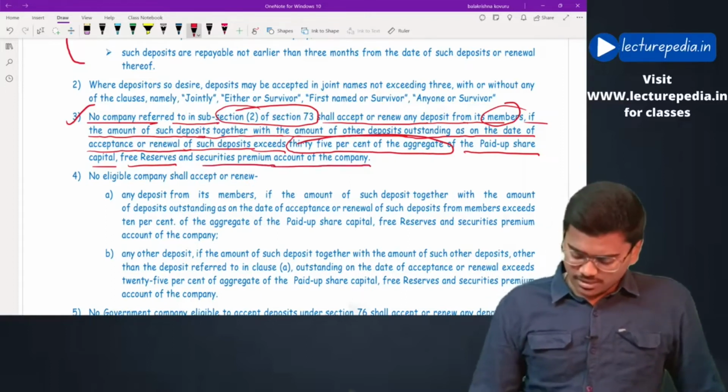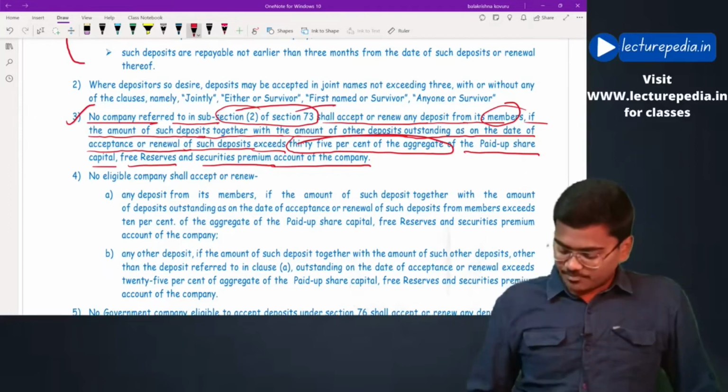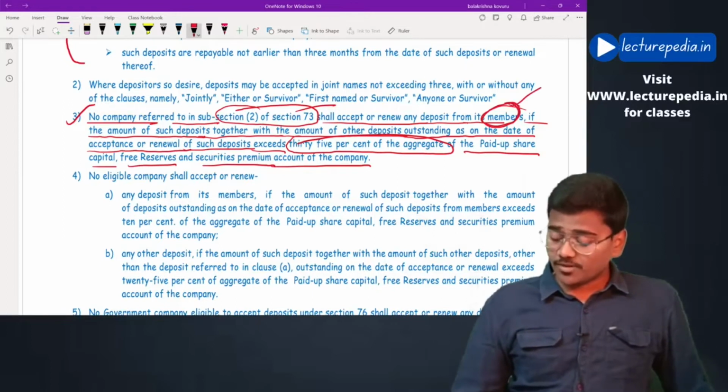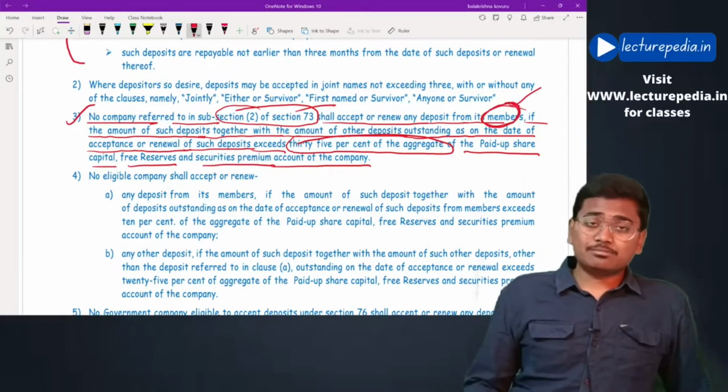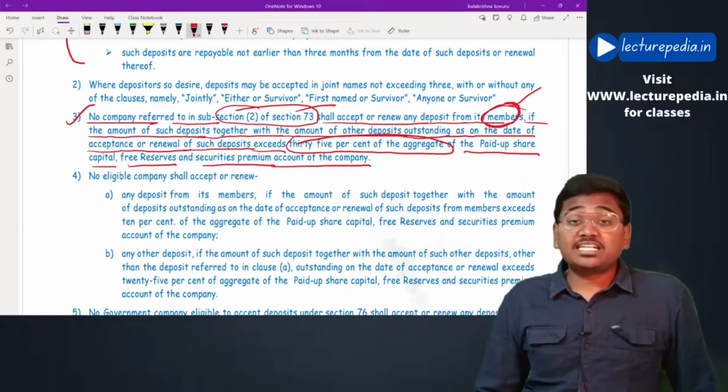Okay, first of all, section 73 subsection 2 means non-eligible companies, which are eligible to accept deposits only from members. These companies can accept deposits of maximum 35%.